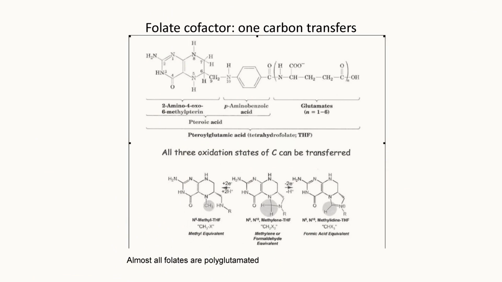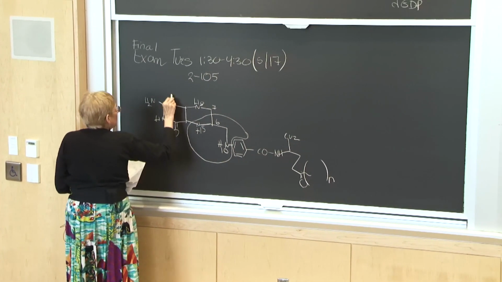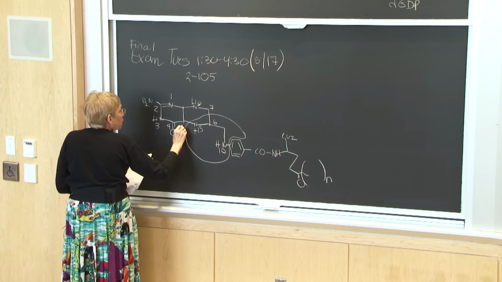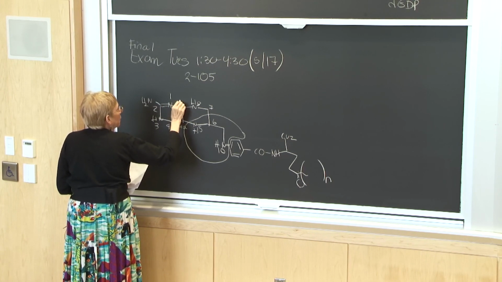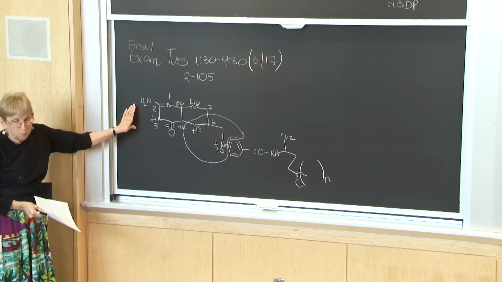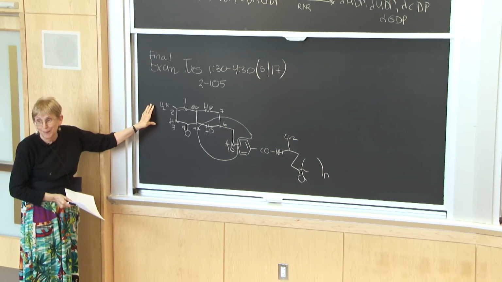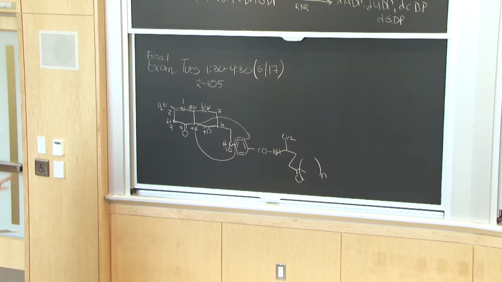And it turns out the way this cofactor works, so this is 1, 2, 3, 4, and so this is 4A, and this is 8A. And so this sort of looks like flavins, and it sort of looks like purines. And purines actually can undergo redox chemistry under certain sets of conditions.